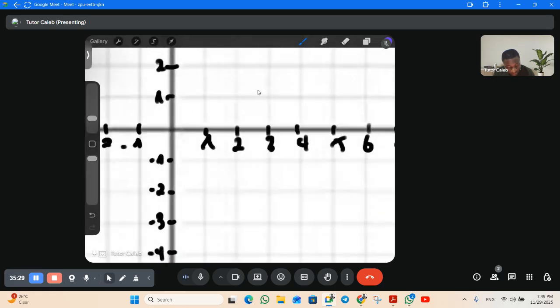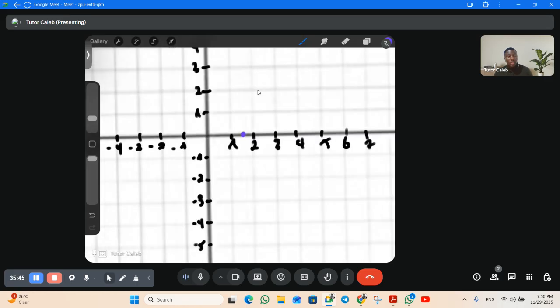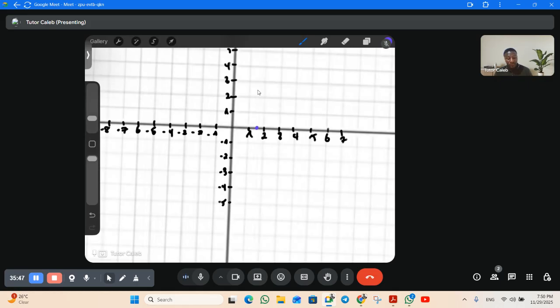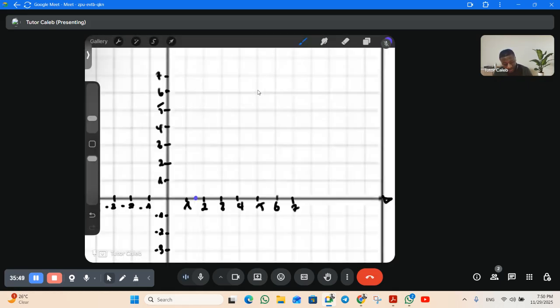I know that 1.5 is somewhere here, so 1.6 is slightly above that, around here on the x-axis. Now, the y-intercept is 0 and 5, and we know where 5 is. This is 5 here.